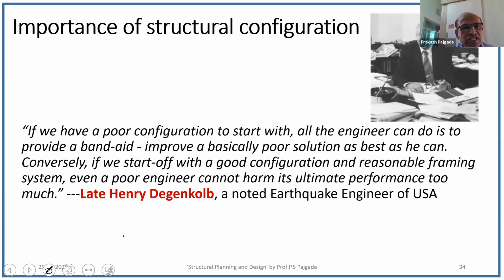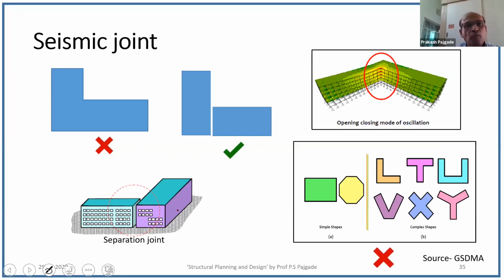Conversely, if we start with a good configuration and reasonable framing system, even a poor engineer cannot harm its ultimate performance too much. This is a quote by the late Henry, a noted earthquake engineer from the USA. So what is important? We must have proper structural arrangement.